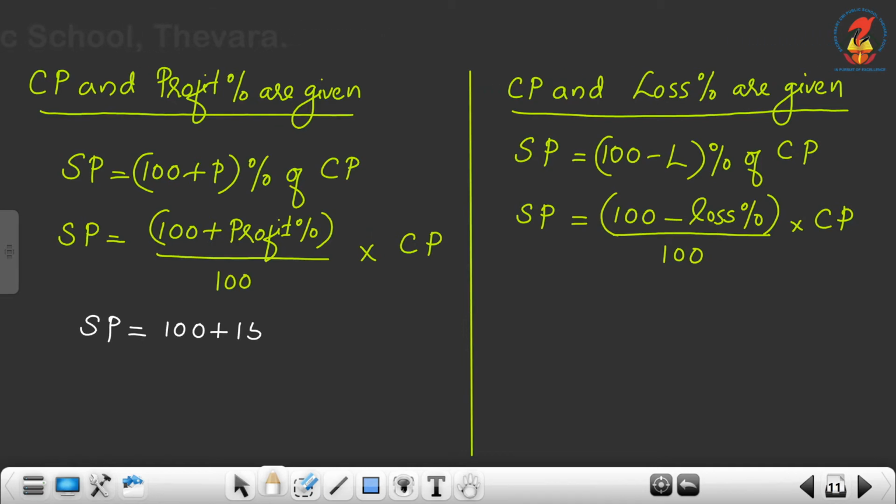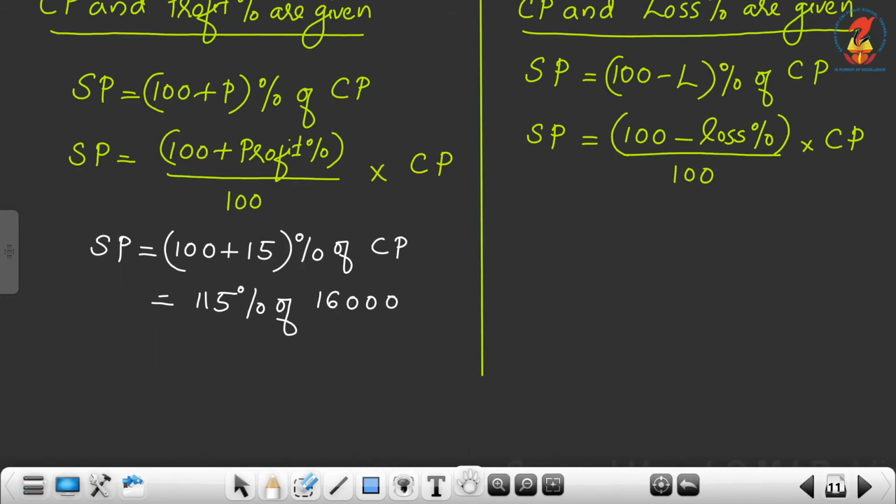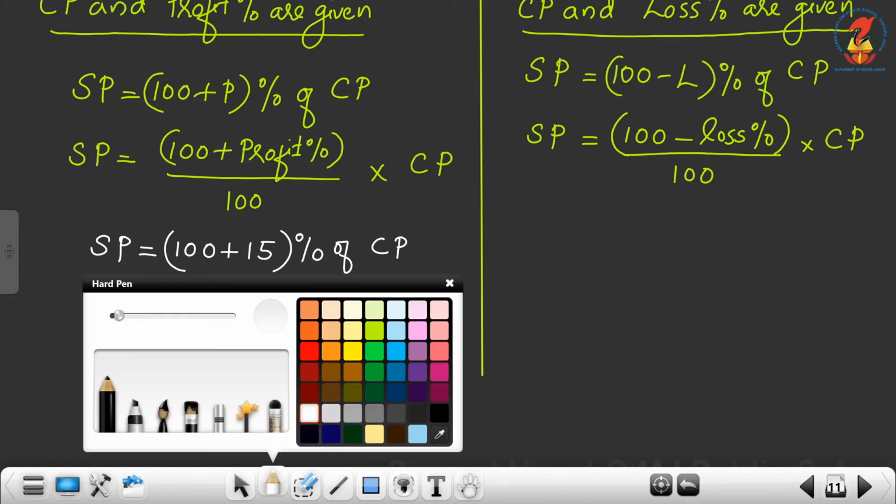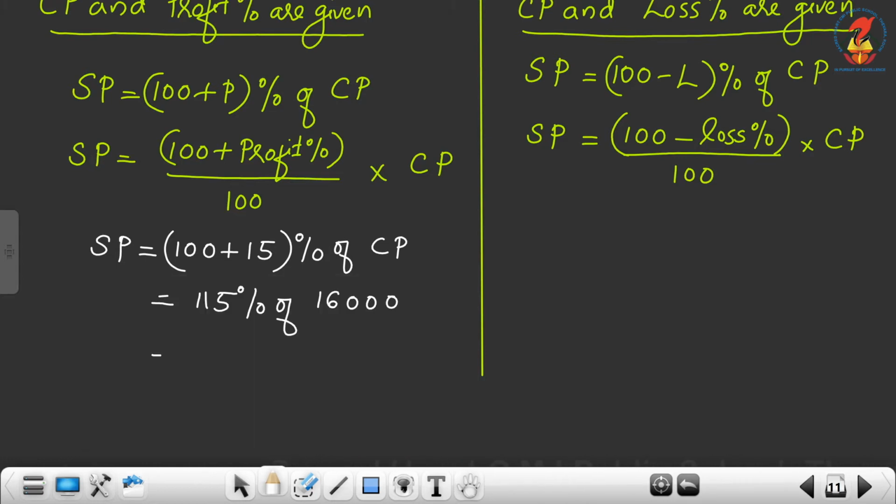So 100 plus 15% of CP, that is 115% of cost price, which is 16,000. So which is equal to 115 divided by 100 into 16,000.